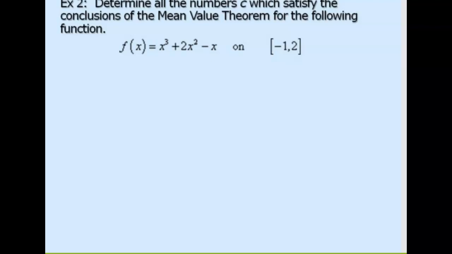Okay, 1 second. My iPad got booted. There we go. All right. So it is continuous. It is differentiable. What I want you to do now is find the derivative of f of x.